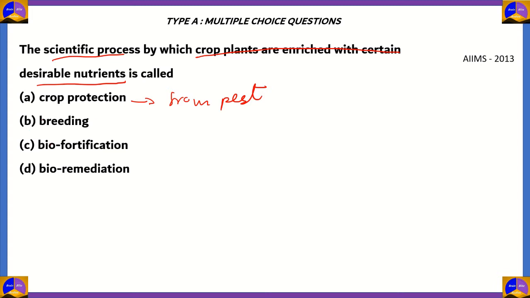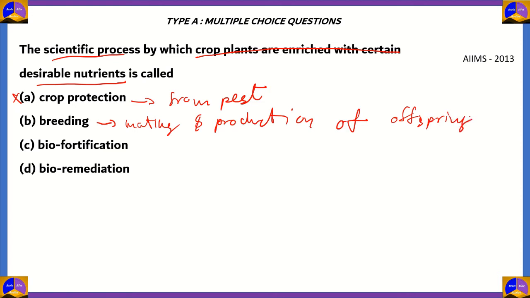So therefore you can say that option A is incorrect with respect to the given definition. Breeding, that is option B, refers to mating and production of offspring. This is found in both plants and animals. So basically another name for sexual reproduction is breeding. So option B is incorrect with respect to the given definition.